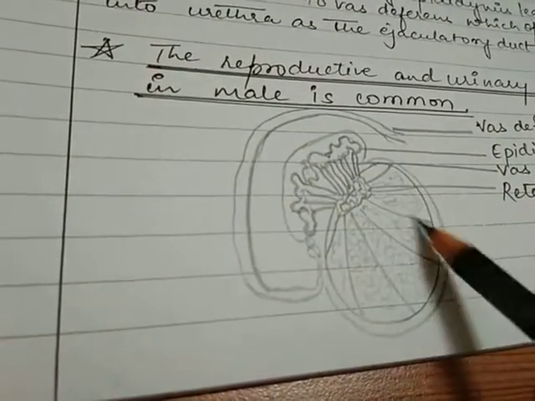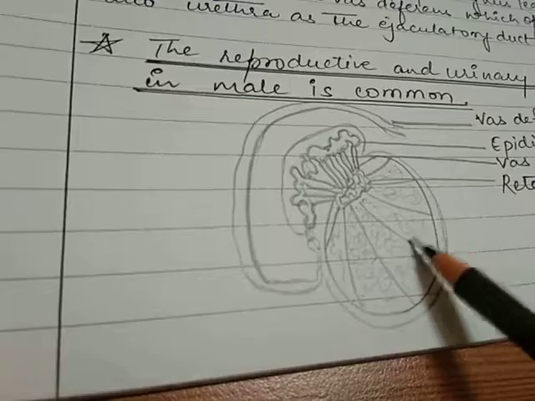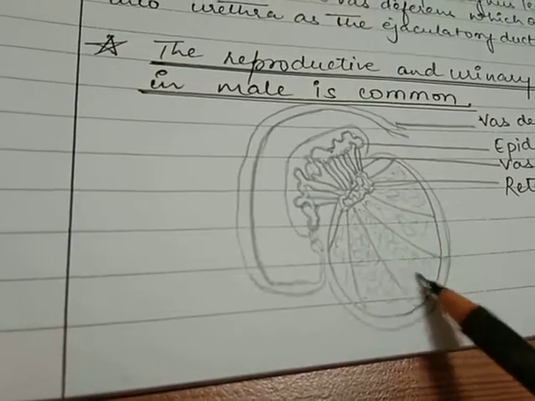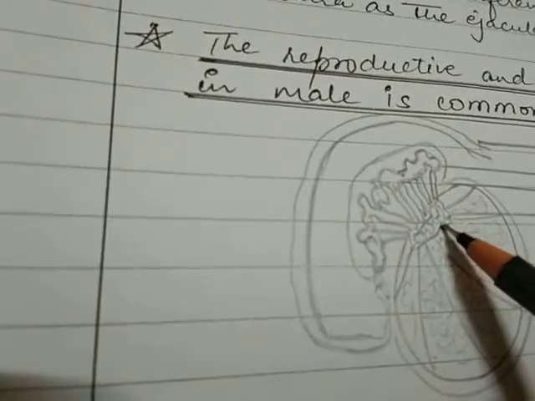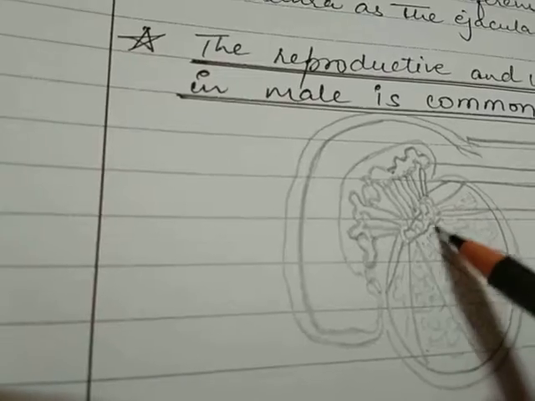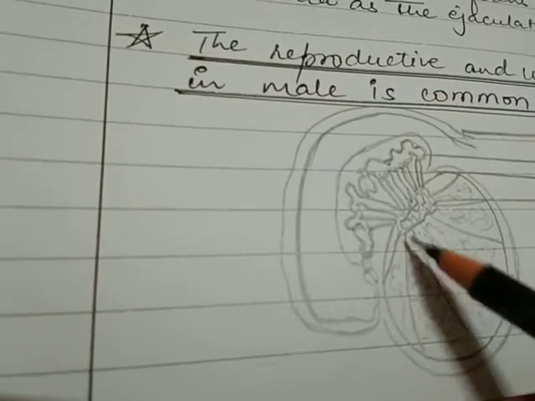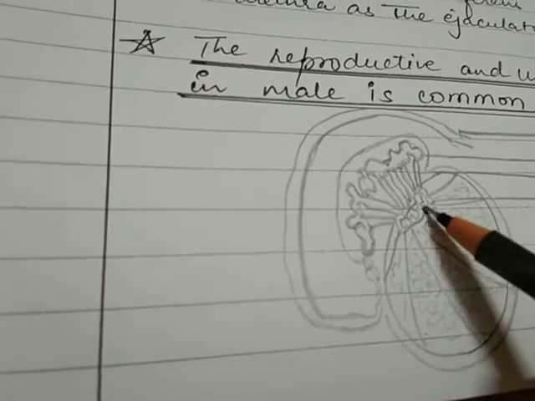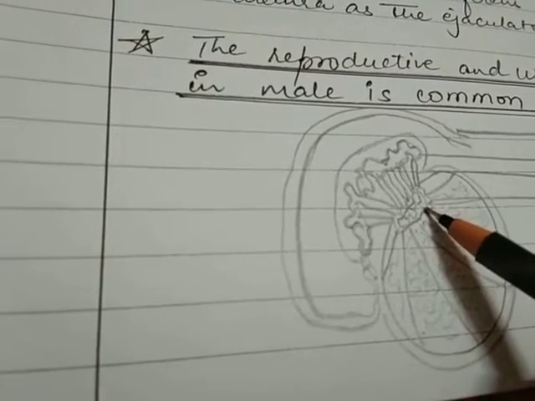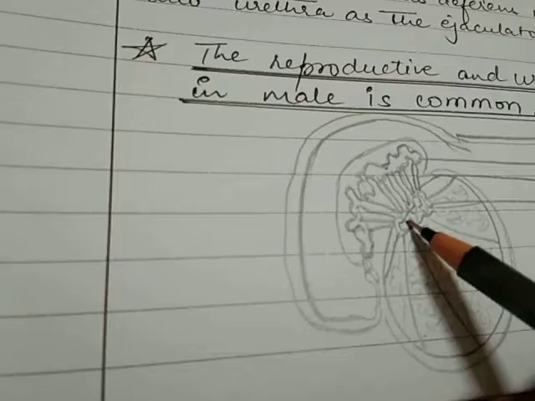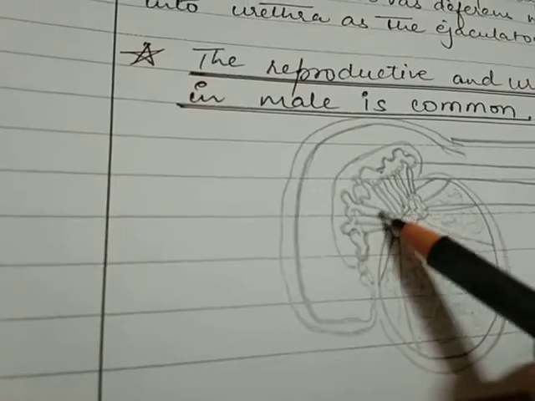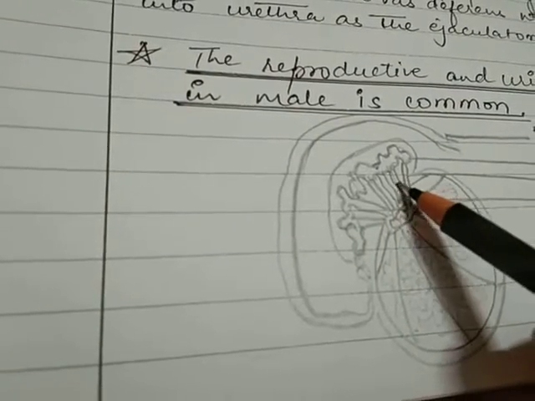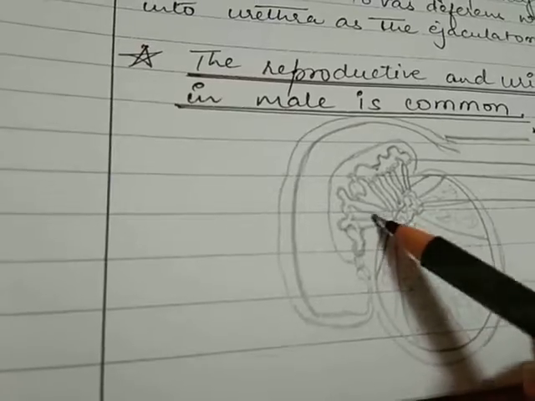As you can see, this is the testes, testicular lobules, seminiferous tubules. These fine structures are the rete testis. So you can see all the seminiferous tubules are opening into this tube-like structure which is the rete testis. Then these rete testes are opening into the vas efferens. These ducts are the vas efferens.